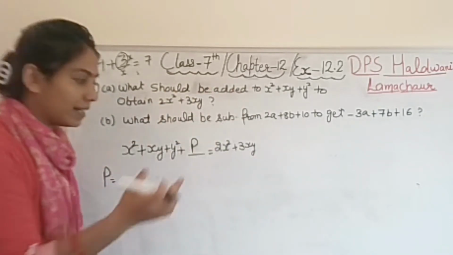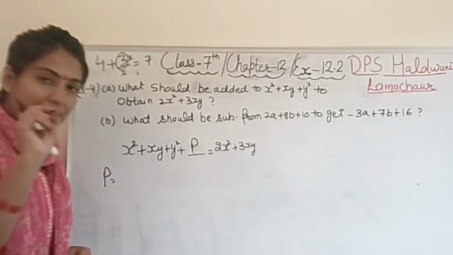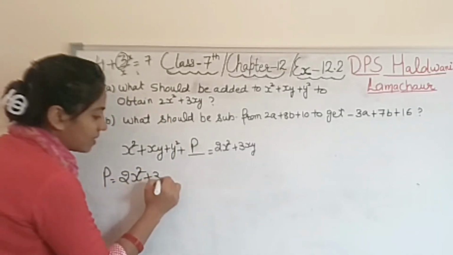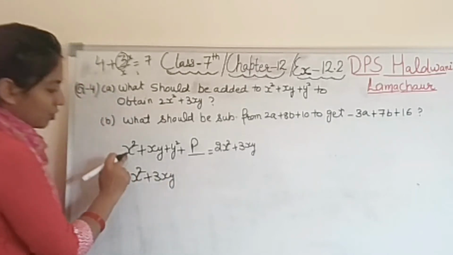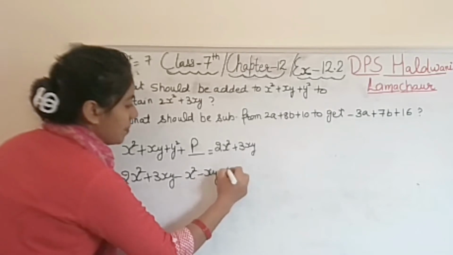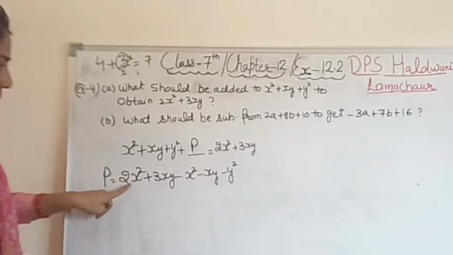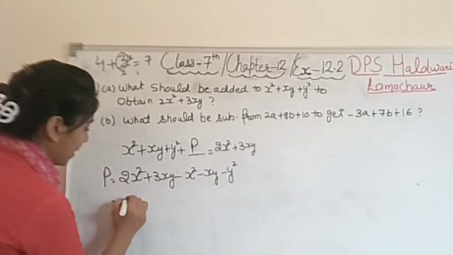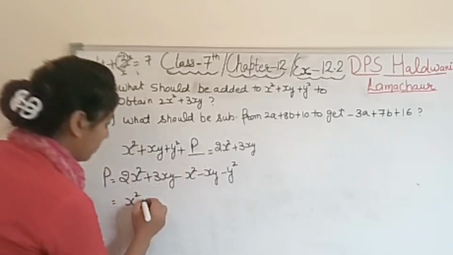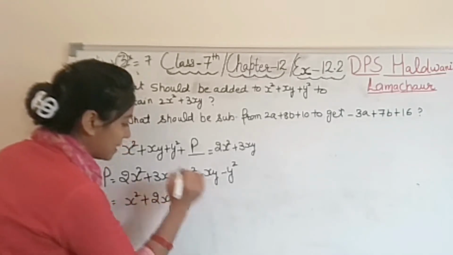We change its sign. So this whole term will change into subtraction, minus. Right? So it will remain as it is 2x square plus 3xy. When it shifts, plus will change into minus, minus and then minus. Right student? Very simple. Now 2x square minus x square, 1x square, 3xy minus xy means plus 2xy and minus y square as it is only.